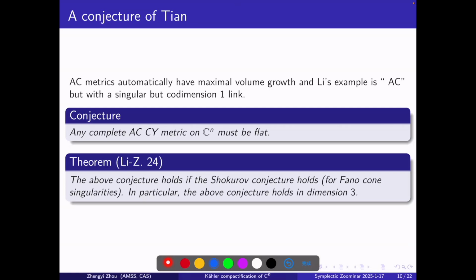We only need it to hold for a special class of singularity called the Fano singularity, which I will recall in a minute as well. But the good news is we know that Shokurov's conjecture holds in dimension 3, because more or less we can classify things. So in particular, we know the conjecture is true in dimension 3, which is good because that's the dimension where we have a counterexample if we lose this smooth condition on the Sasaki link.